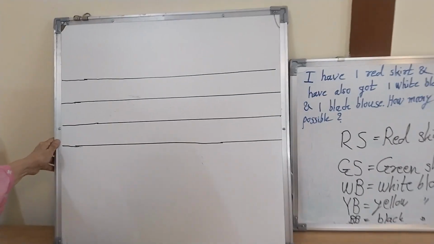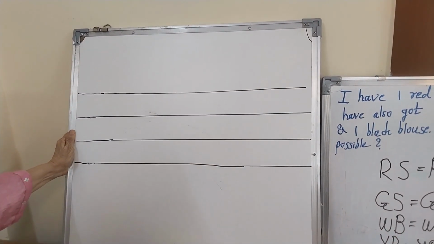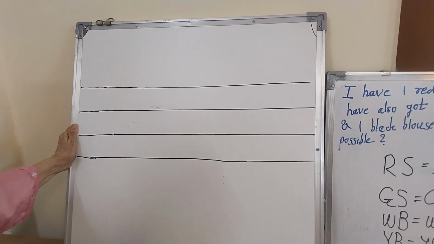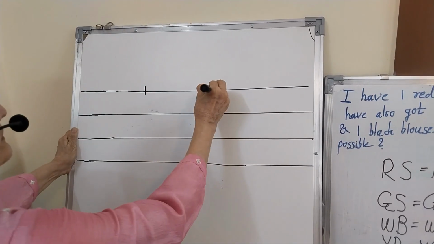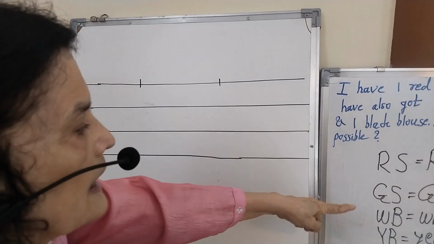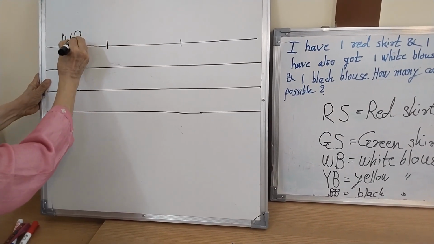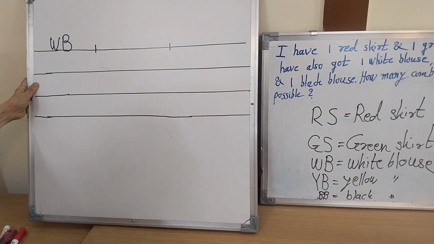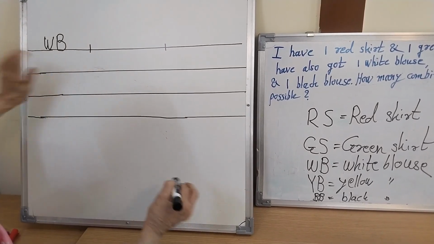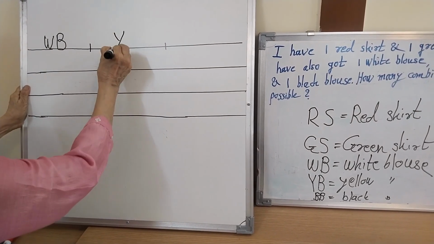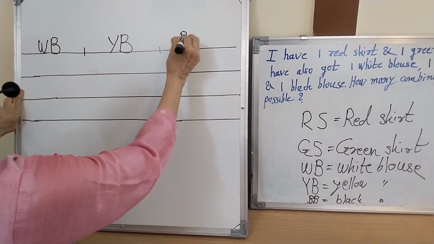So here we go. Now the upper side let us represent by the blouses. WB here, that is white blouse, then yellow blouse, YB, and black blouse, BB.